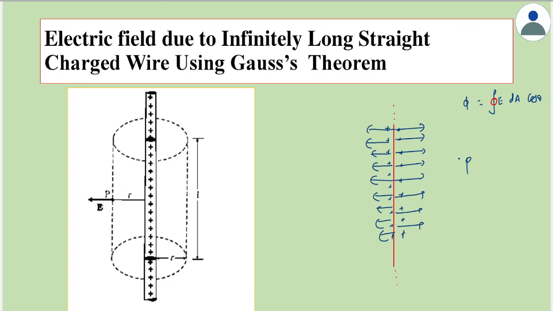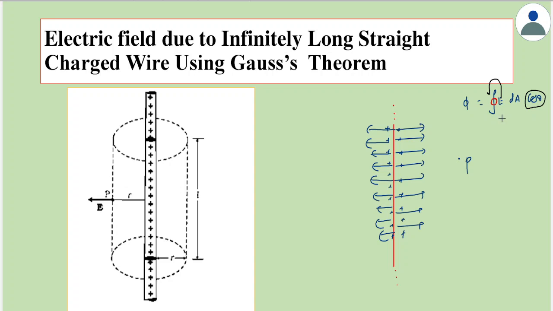Now to make this easy to solve, we should choose a Gaussian surface such that the electric field comes out, as well as this cos theta is equal to a constant or is equal to 1. So that depends on the Gaussian surface.